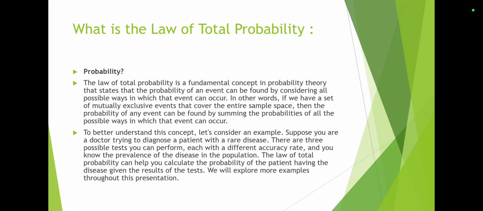In other words, if we have a set of mutually exclusive events that cover the entire sample space, then the probability of any event can be found by summing the probabilities of all the possible ways in which that event can occur.